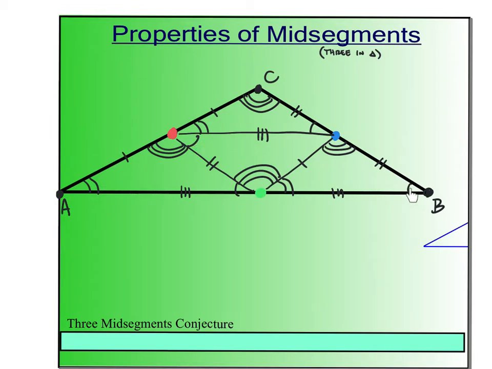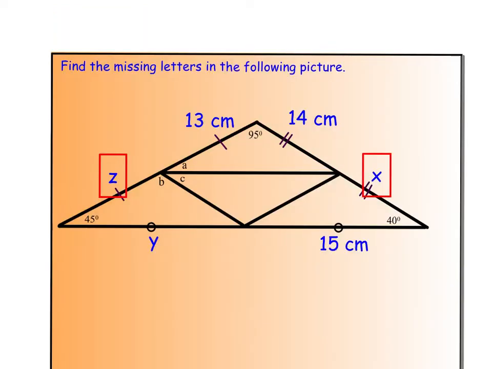That'll be the same as this angle. And likewise, angle A's measure will be duplicated right here. So you see that a mid-segment, or in this case 3 mid-segments, creates 4 congruent triangles. It's pretty interesting. We're going to see those properties arise here in a few moments in an example.